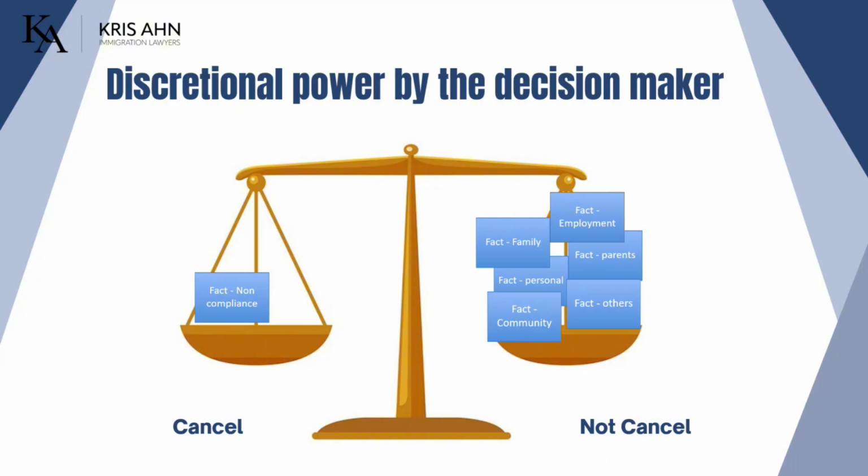A perfect example is today you were talking about Section 109 cancellation with incorrect answers and provision of maybe fabricated documents. But Section 116 cancellation, which is what we call a general cancellation, may happen with breach of visa conditions, or where the circumstances of visa grant may no longer exist.